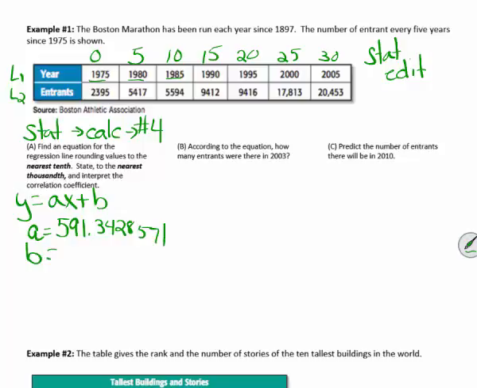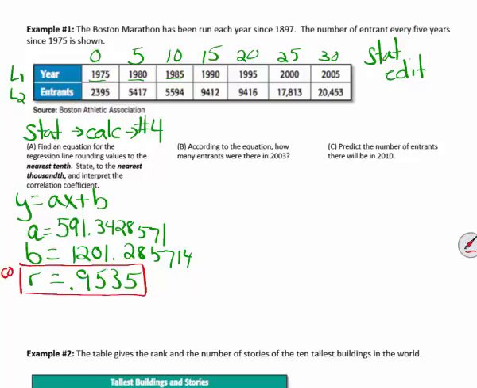It should show you that b is 1201.285714. And then you're going to now see this R value, which you didn't see before because we didn't have that diagnostic on. All right, this R value, that's our new vocabulary word. That's our correlation coefficient. And we'll talk about that in a second.